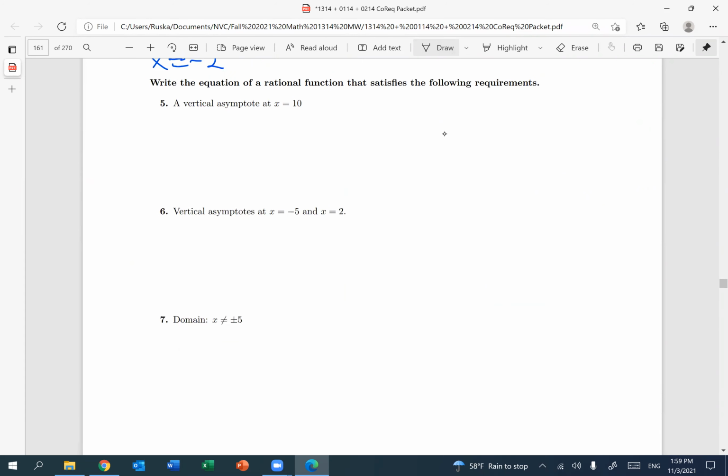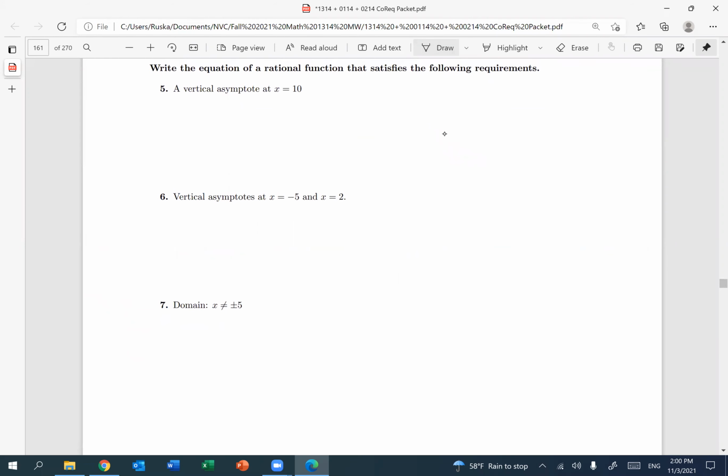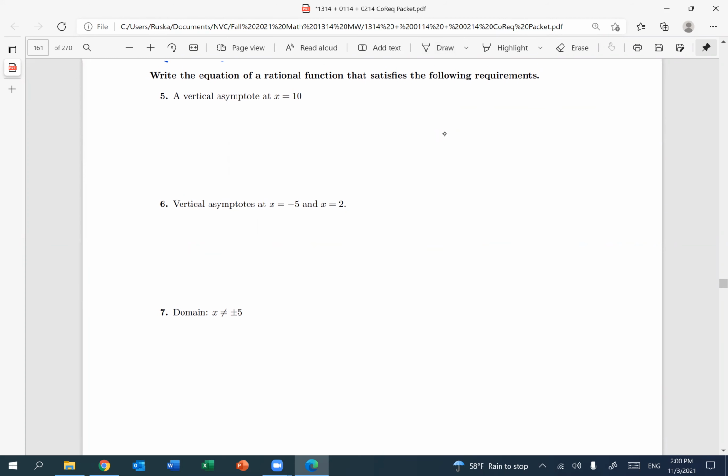Okay. Next one, it says write the equation of a rational function that satisfies the following requirements. So they give me the vertical asymptote, and you just have to make up a function. And how do you do that? If the vertical asymptote is at x equals 10, that means in the bottom of my fraction, I'm going to have something which is going to have solution x equals 10.